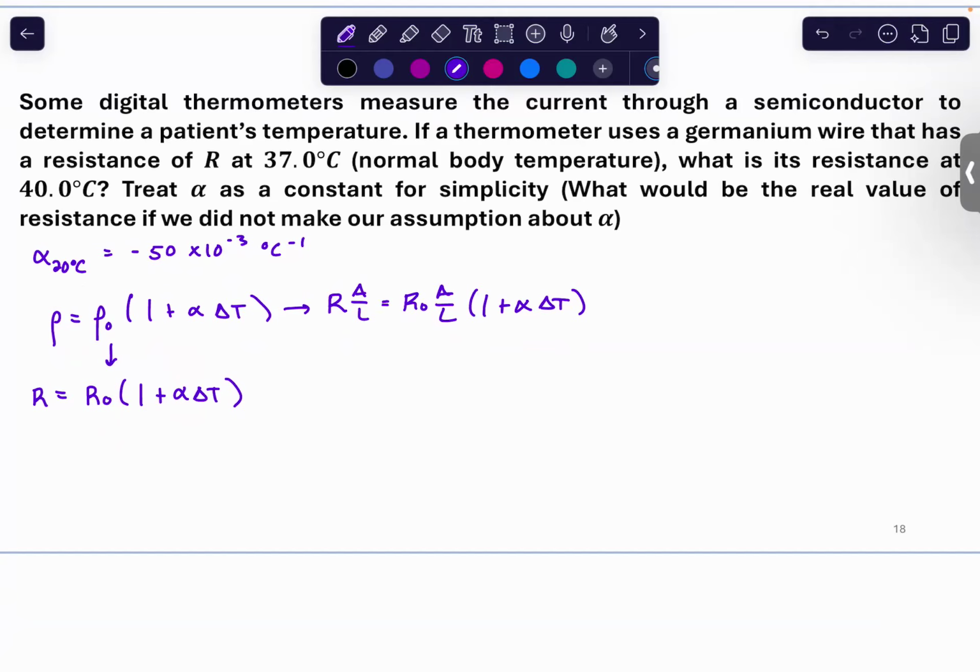All righty, so we have resistance R at 37 Celsius. What is the resistance at 40 Celsius? So we can say, we're trying to figure out the resistance at 40 Celsius. R is going to be our resistance at 37.